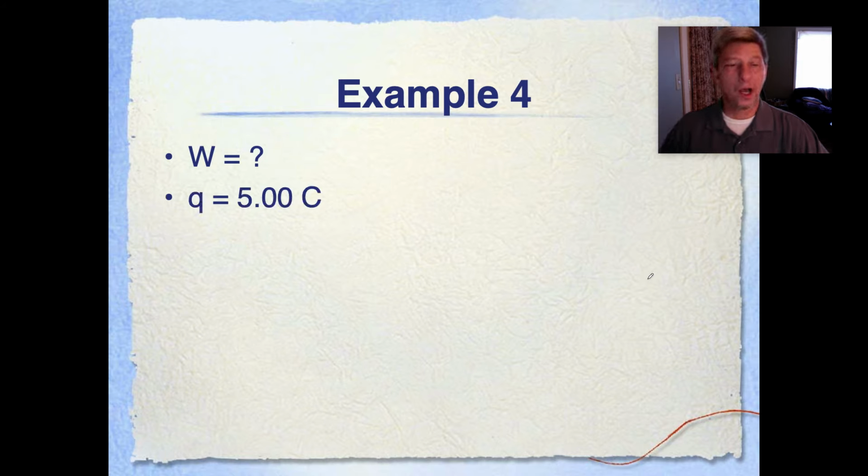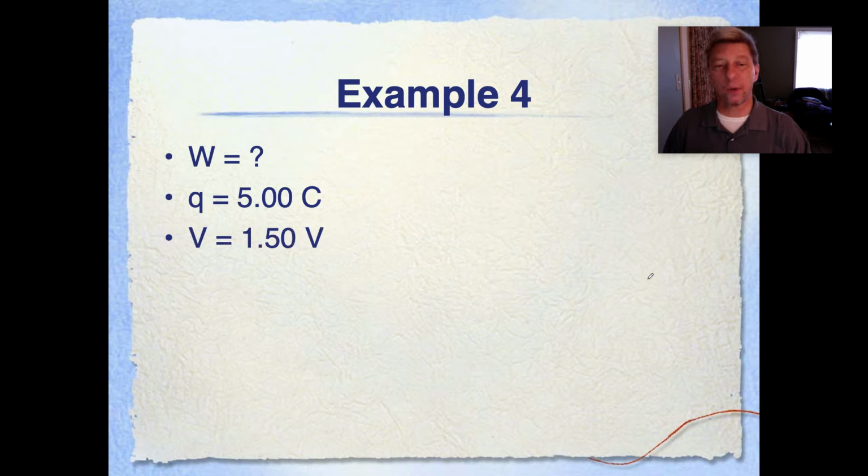The charge is 5.00 coulombs, and the voltage is 1.50 volts. So we've got work, charge, and voltage.